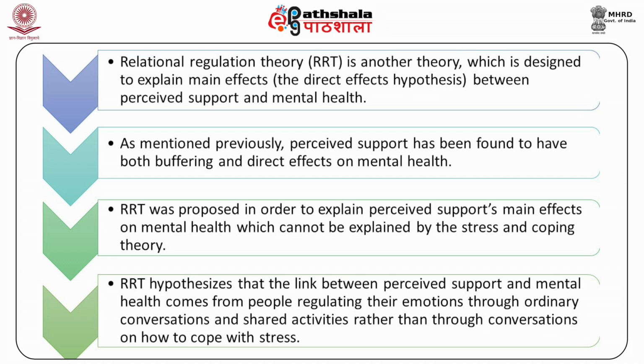Like I told you earlier, perceived support has been found to have both buffering and direct effects on mental health. The relational regulation theory was proposed in order to explain perceived support's main effects on mental health, which cannot be explained by the stress and coping theory.